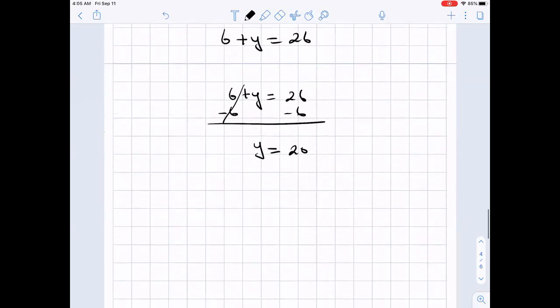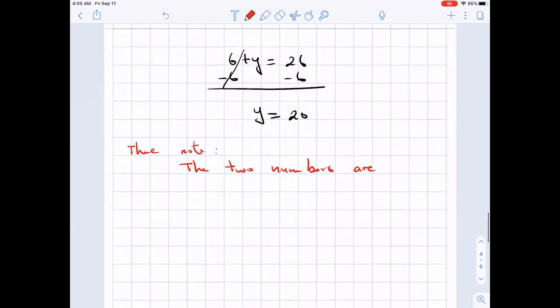So finally, the note here: the two numbers are 6 and 20.